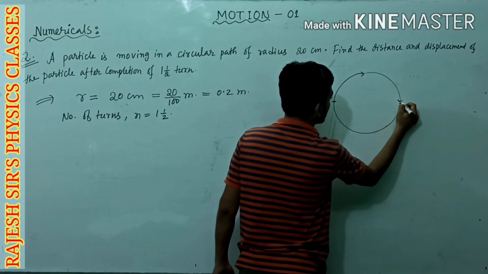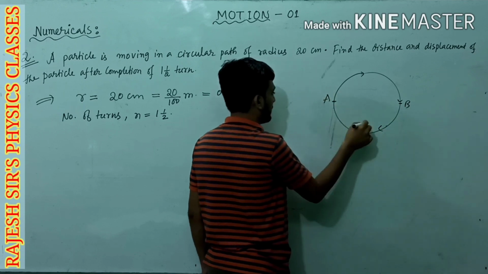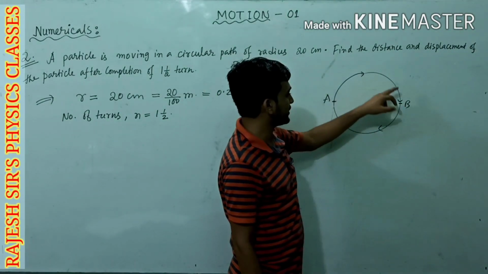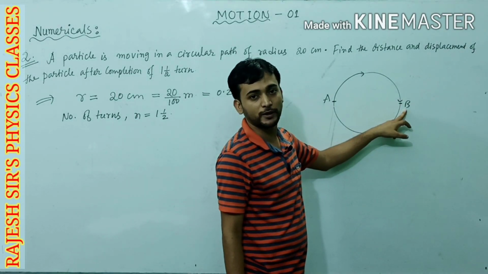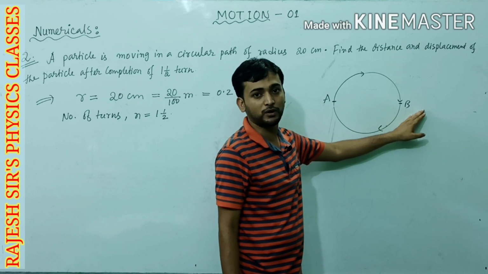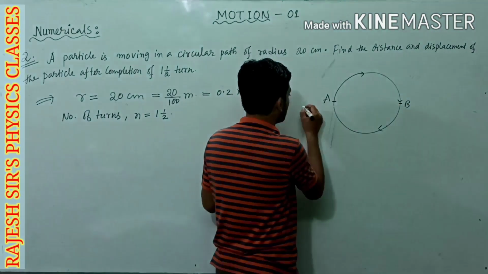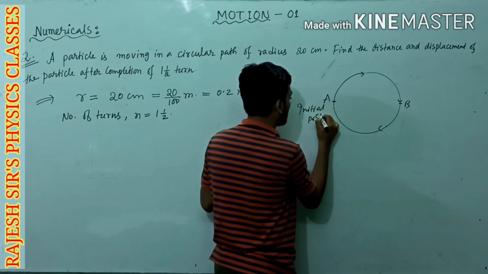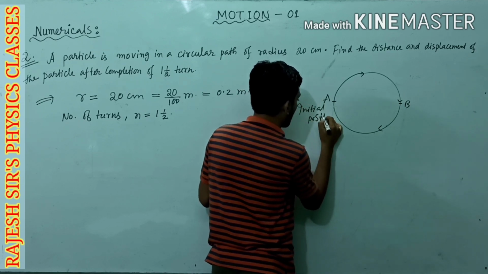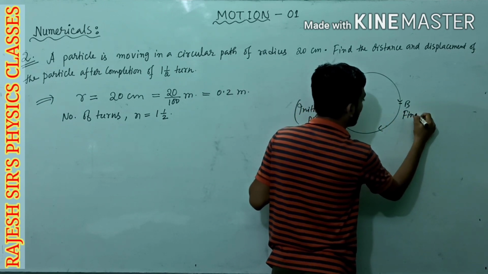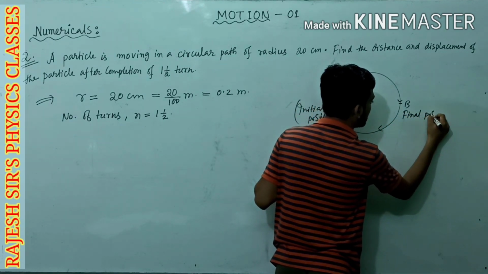For one complete rotation, the particle comes to its initial position, and for next half rotation it reaches the point B. Now what is B? B is the diametrically opposite point of A. This is the initial position, and this one will be the final position after 1.5 turn.